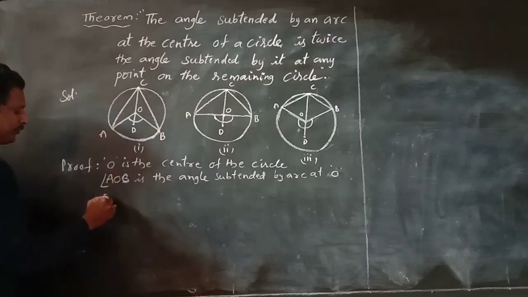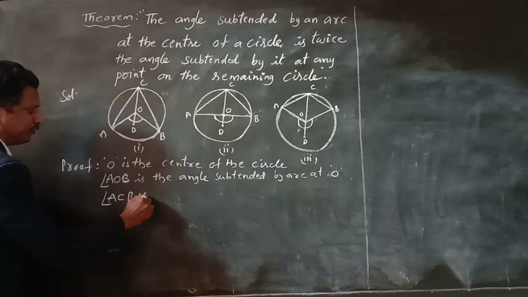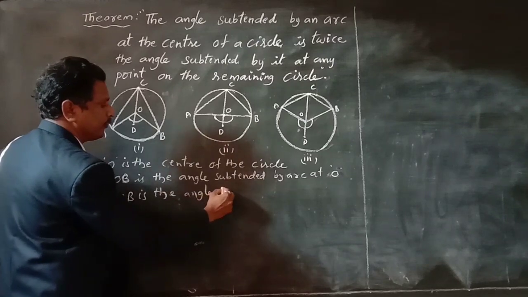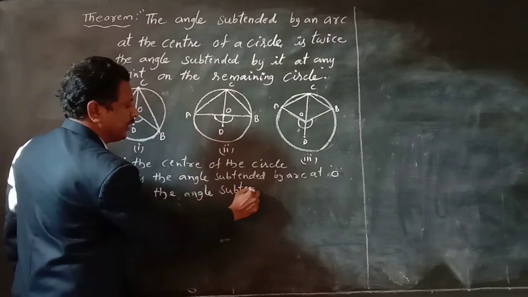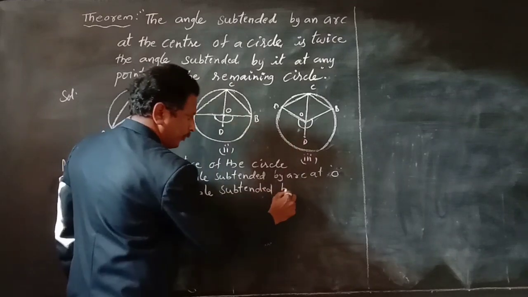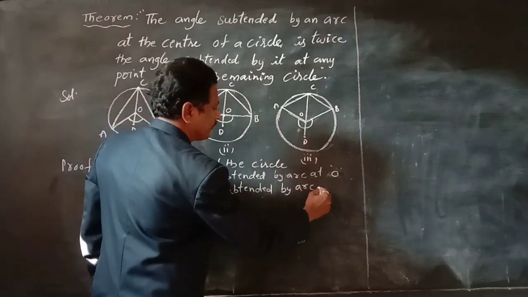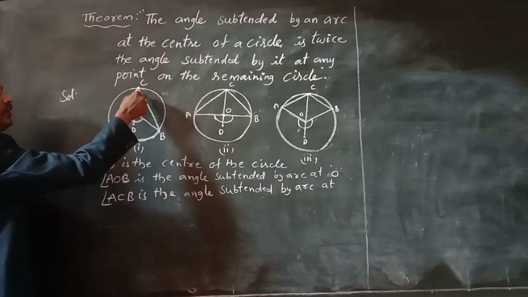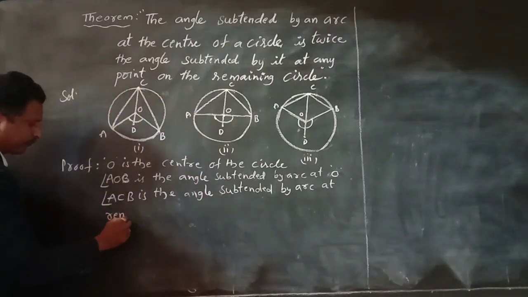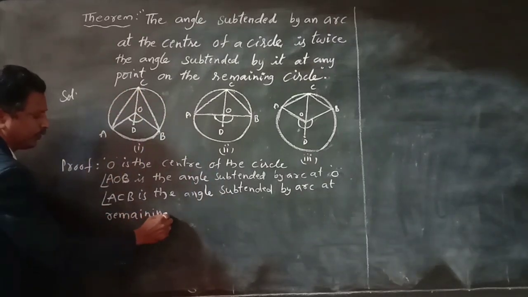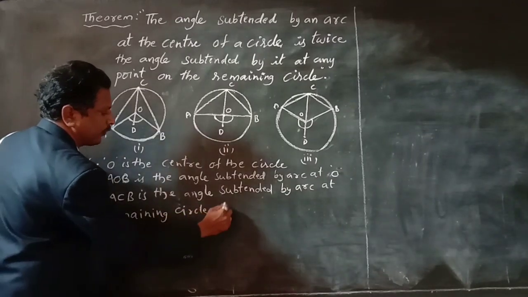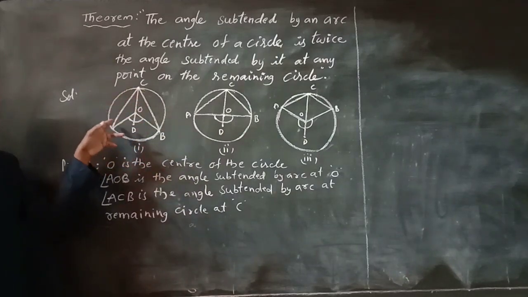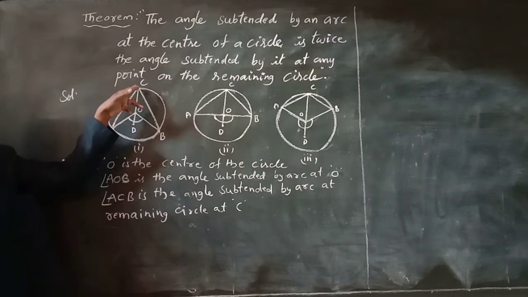Angle ACB is the angle subtended by the arc at the remaining circle at C.